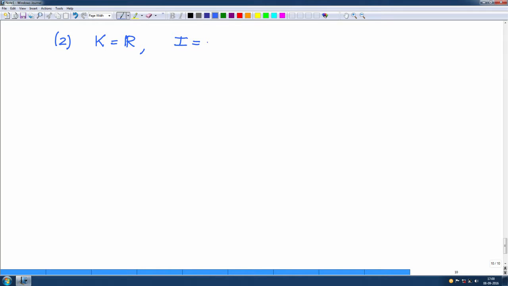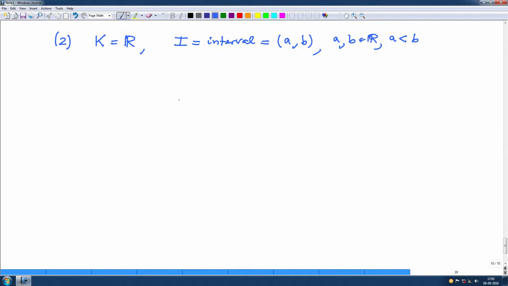When I say interval, that could mean open interval or closed interval or half open, half closed and so on. But typically interval means a comma b, where a and b are real numbers and a is less than b. So this interval has enough points.